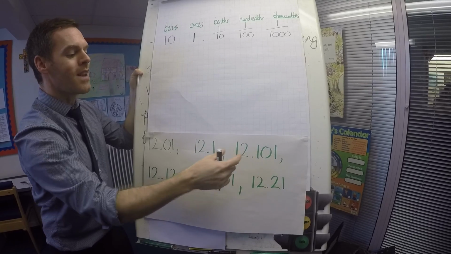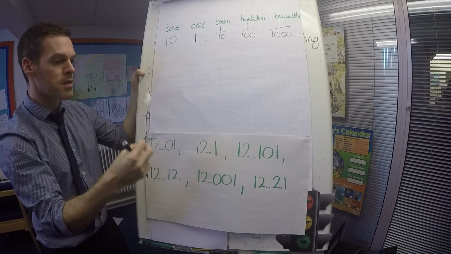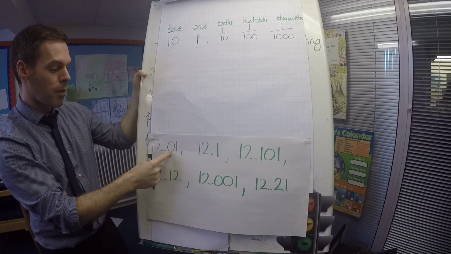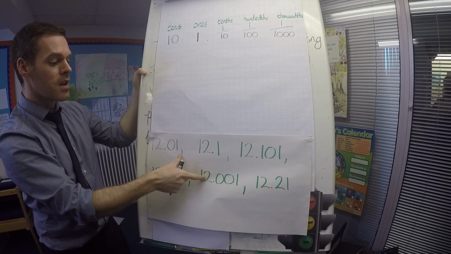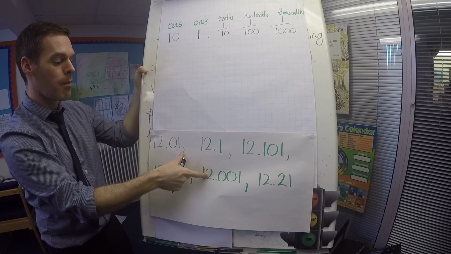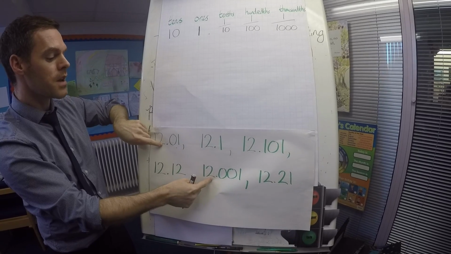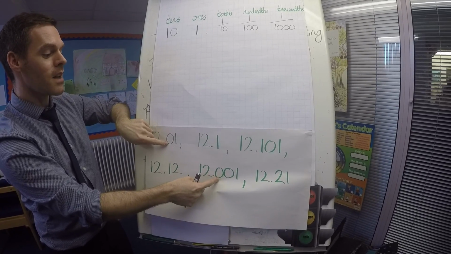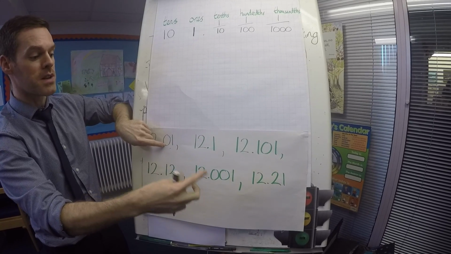So we know that we're looking at the number with the smallest number of tenths. So this number had 0 tenths, and this number. So it's between these two numbers to see which one is the smallest. They both have the same number of tens, the same number of ones, and they both have 0 tenths. All the rest of the numbers have at least 1 tenth or more, which means they're bigger.